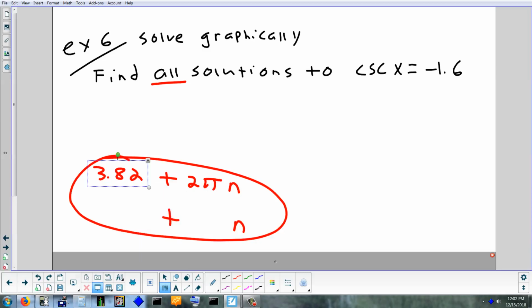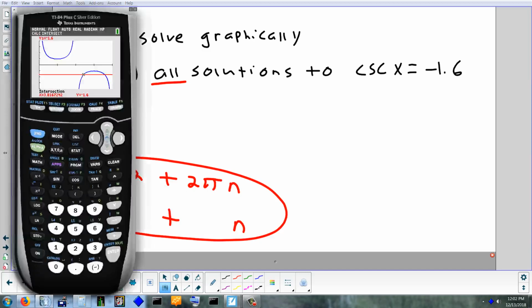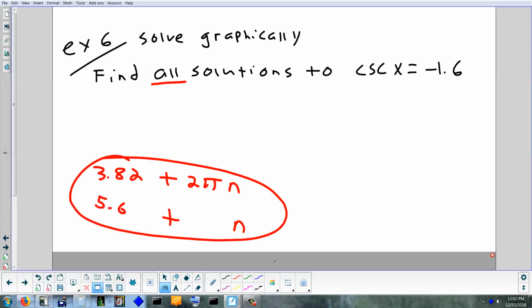You could just keep adding 6.28 to that number, or subtract 6.28. And then we've got one more answer that's separate. Once you get past the halfway point, that should be close enough. 5.61. And that answer will also occur every cycle.